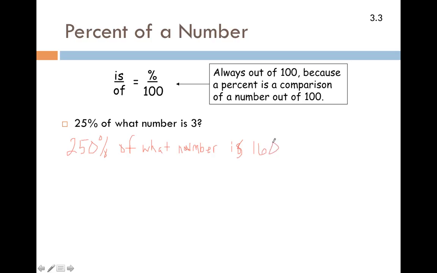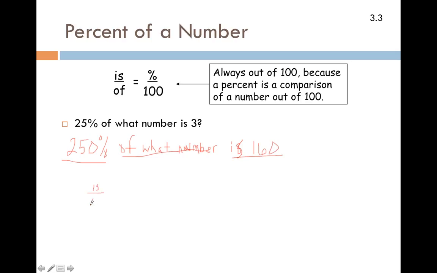Okay, with this problem, these are big numbers, but we're still going to use the same concept. We're just going to underline the stuff: of what number, is 160, and 250%. Those are the things that we know. Now we got three things underlined because the 100 is constant. We don't need to know it, it's always the same.